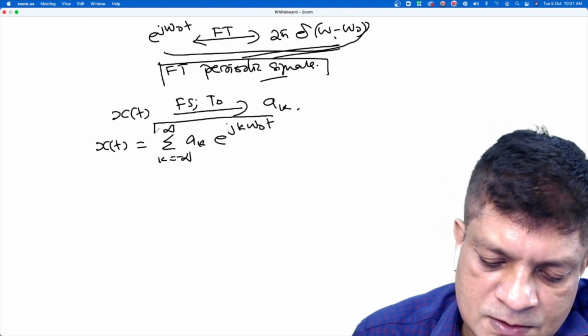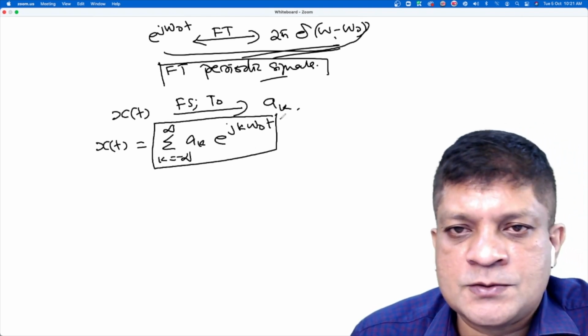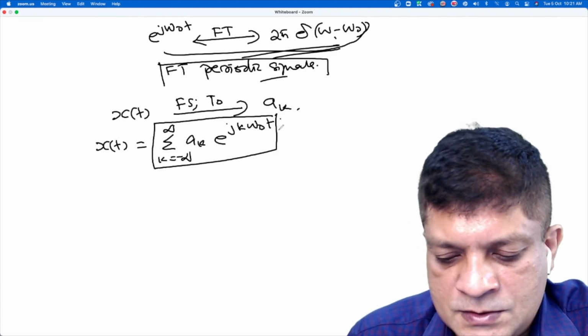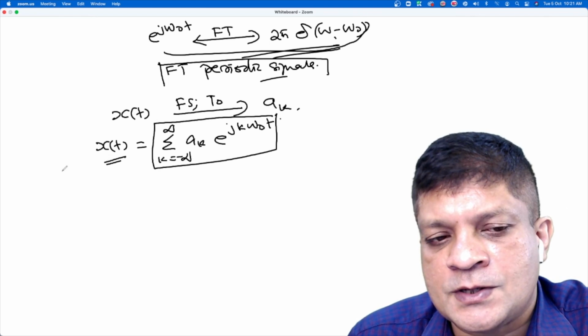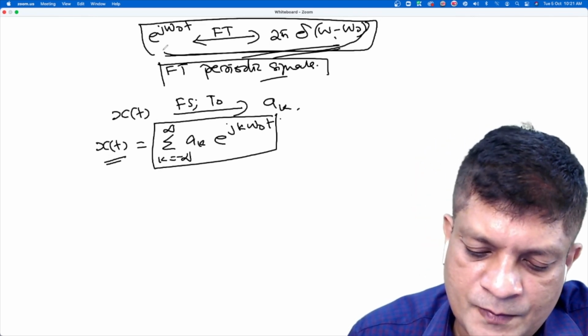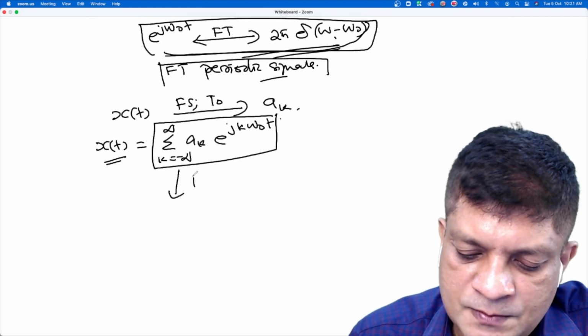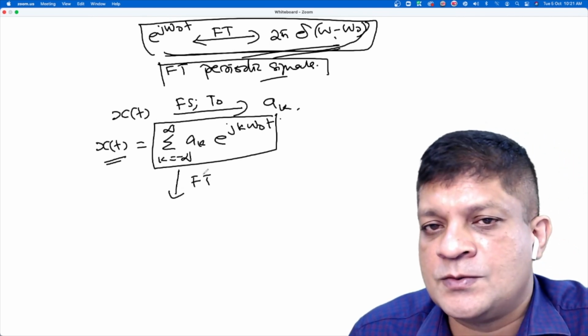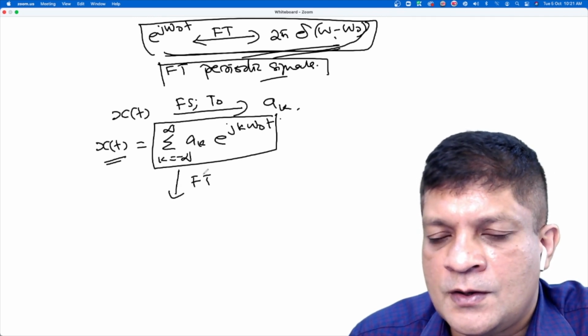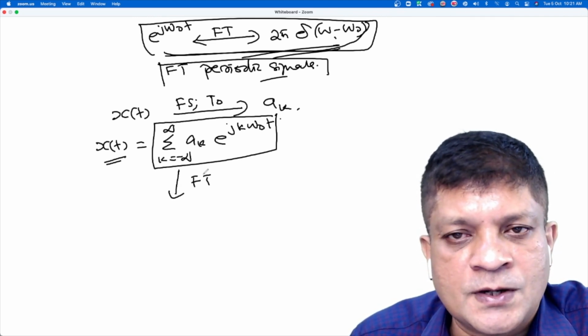Now, if you consider this expression, by using the Fourier series summation you get this expression for the periodic signal x of t. Now, what is the Fourier transform of this? Again, here we assume the linearity property. The Fourier transform satisfies the linearity property.